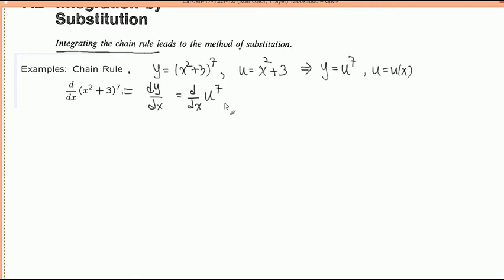So the following is incomplete, but if the derivative of u to the 7th is done with respect to the letter u, the answer would be simple, right? 7 times u to the 6th. But that's not what you have down there: dx, not du. So these two things are not equal to each other, right? Then you have to multiply one factor, and that makes the chain rule.